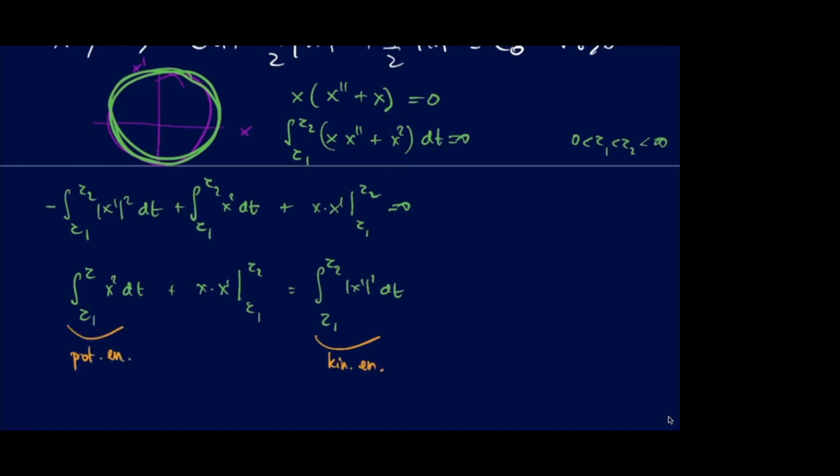Okay, so this computation is telling you that if you focus on the kinetic energy and potential energy accumulated during a time interval, then you can say that one is equal to the other, right? Up to some remainder term. For instance, if you were integrating the energies in this arc, you see that in this arc, tau 1, tau 2, at tau 1, x prime is equal to 0.